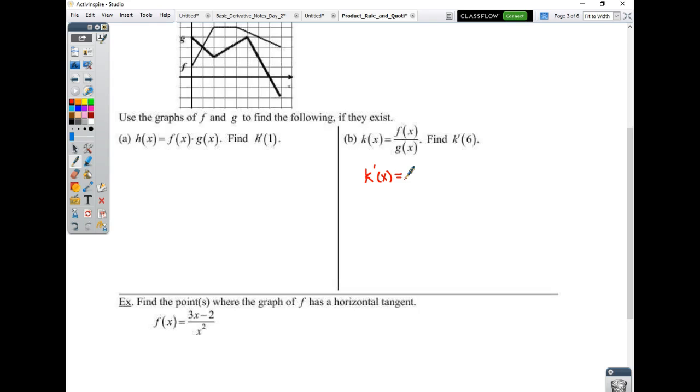K prime of x. Take the derivative of f of x over g of x. I see that there is a quotient, so I need to use the quotient rule. Quotient rule says what? The low times the derivative of the high minus the high times the derivative of the low, all over the whole squared.